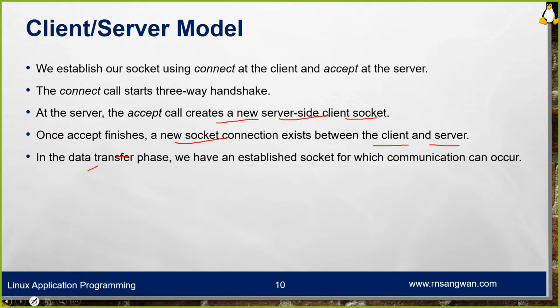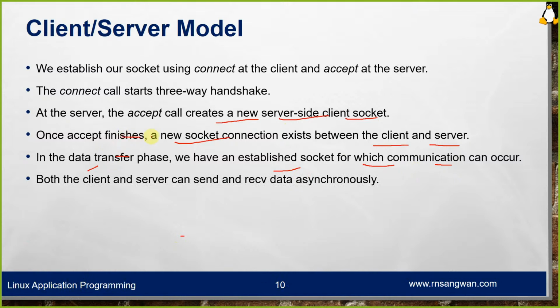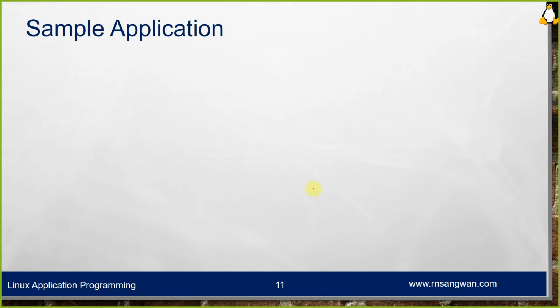In the data transfer phase, we have an established socket over which communication can occur. Both the client and the server can send and receive data asynchronously. Now, this was the quick introduction to sockets, the required functions, how it works, and visualization of the working.